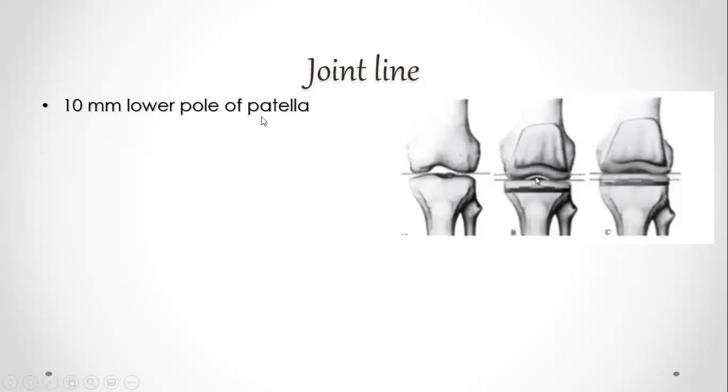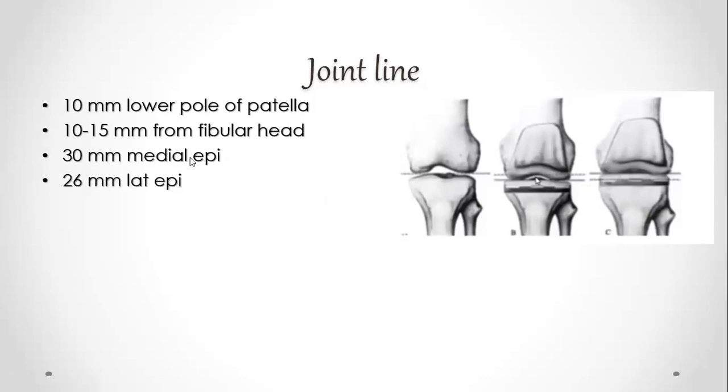First of all, how to find it. It is 10 millimeters, plus or minus 3 with a standard deviation, of course high, from the lower part of the patella. It is 1 cm or 1.5 cm from the fibular head, with minus 5, and you can see how here the fibular head is not always perfectly on the joint line.